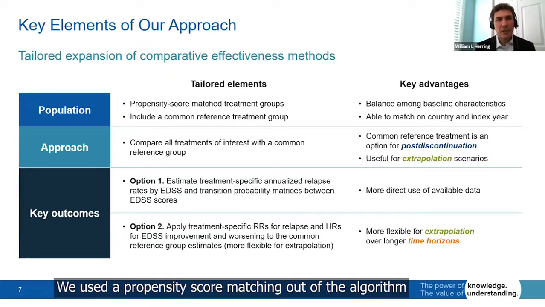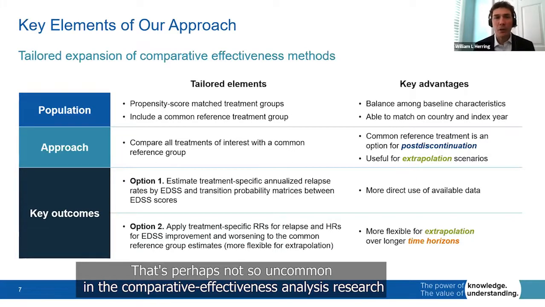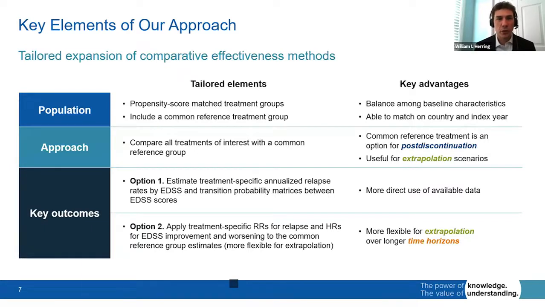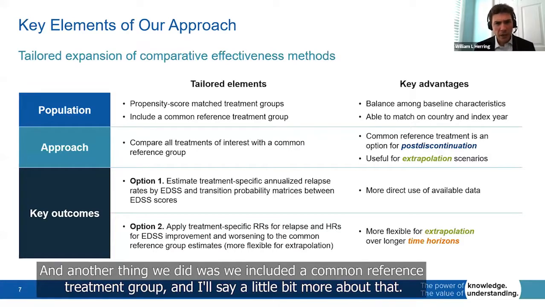We used a propensity score matching algorithm to make sure that we had well-matched treatment groups in our analysis. That's perhaps not so uncommon in the comparative effectiveness research literature, but it's particularly important for the cost effectiveness model. And another thing we did was we included a common reference treatment group, and I'll say a little bit more about that.